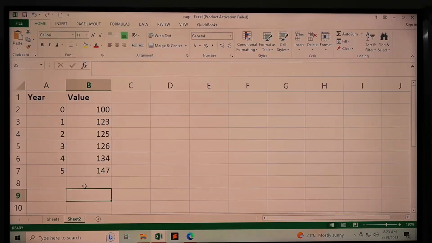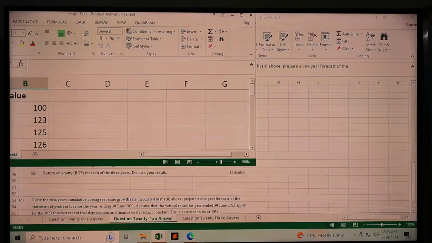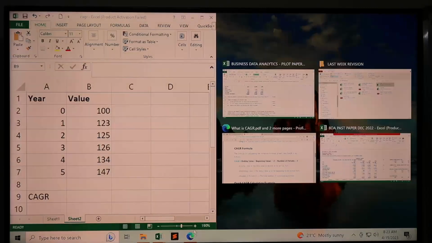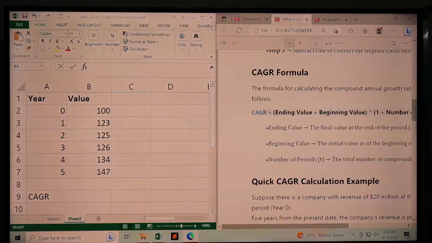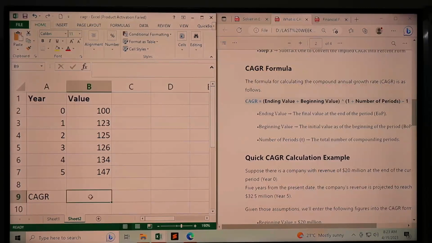Our data is here. So our present value or future value, the number of years, we have 5 years. And you want to compute the compounded annual growth rate. So use the formula given here, where we start with the end balance. So you click here, say is equal to the ending value, which is this value here.